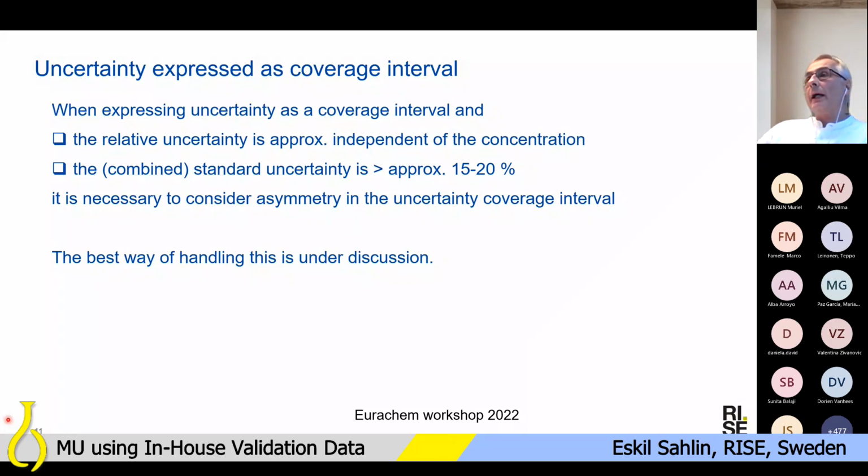And when the combined standard uncertainty is above approximately 15 to 20%, it is necessary to consider asymmetry in the uncertainty coverage interval. This is something that will be discussed tomorrow. I think there will be two presentations tomorrow about this. So I'm not going to say more about this now, but it's something that will be brought up tomorrow.